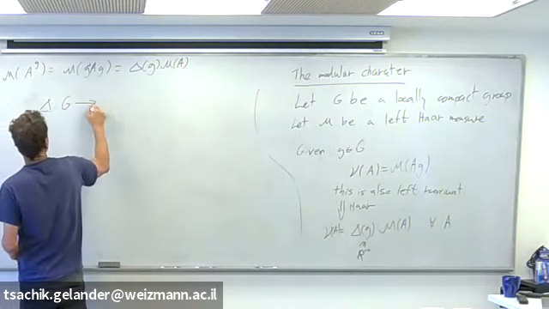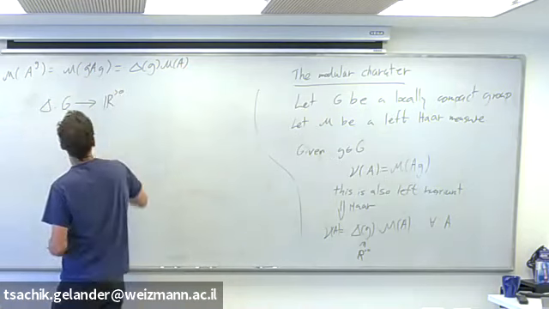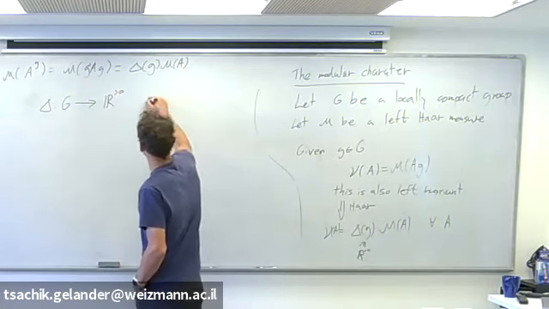Delta from G to R is a character, so it's a homomorphism.